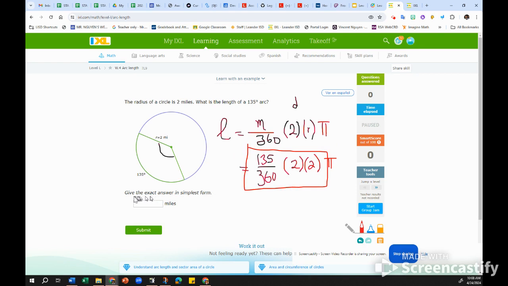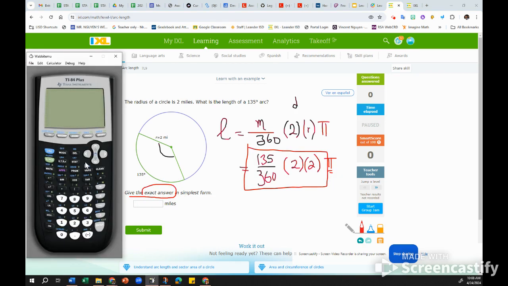Now, the problem asks us to give an exact answer. Exact answers just mean leave pi in your answer. So we're not going to use pi in our calculation, we're going to type just the numbers into our calculator. So turn on your calculator, go to alpha y equals, and hit enter.